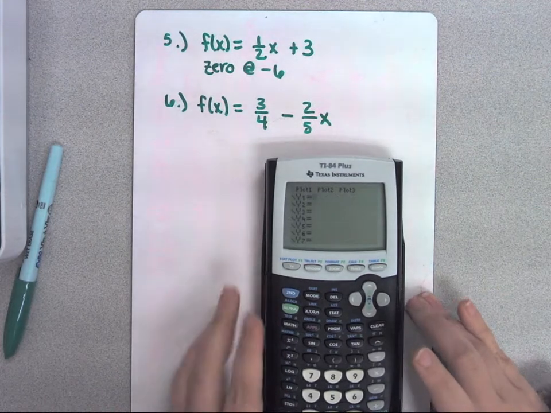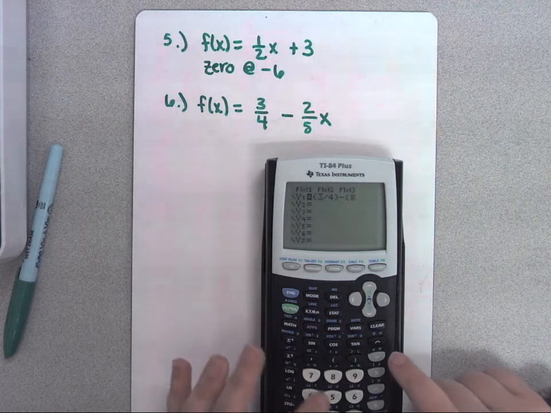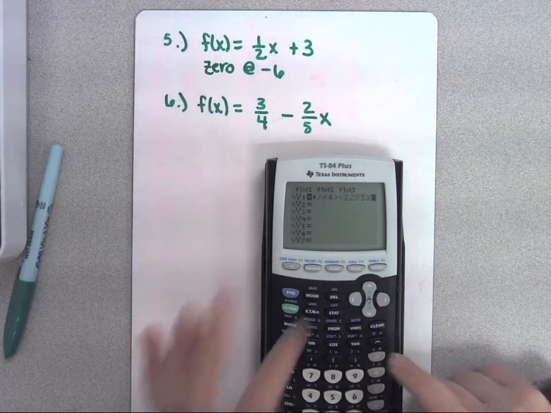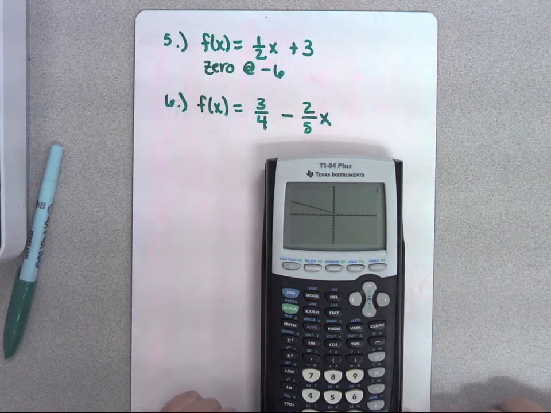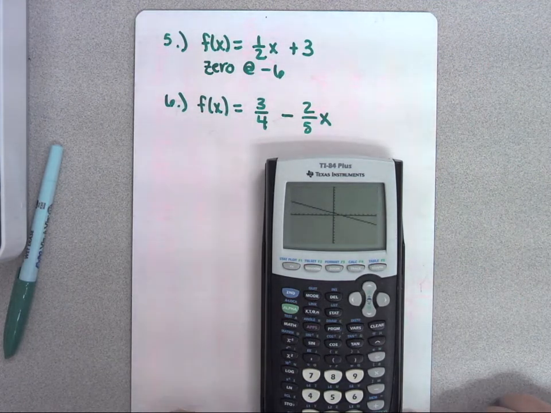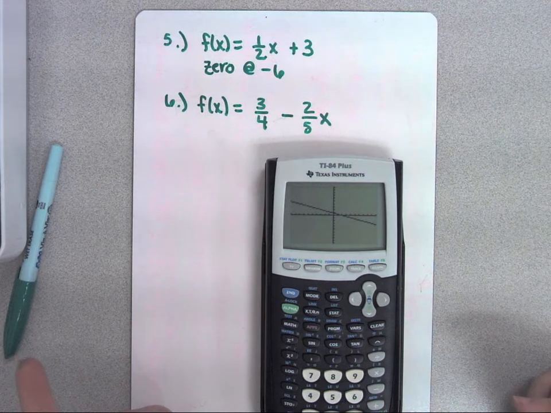So, clear. Let it load. Does your picture look like mine? Remember, that one you have to use a subtraction sign, not the negative sign, or you will get it wrong.